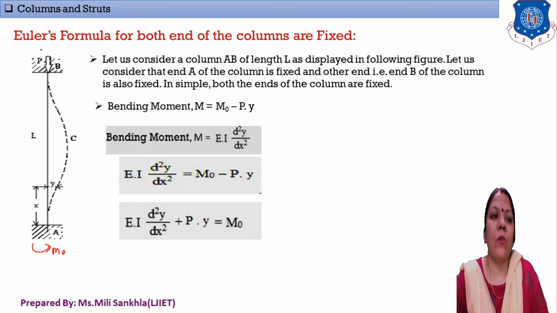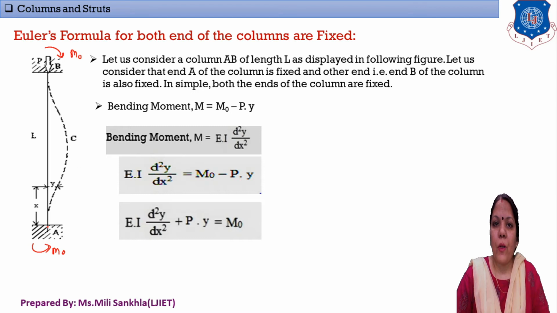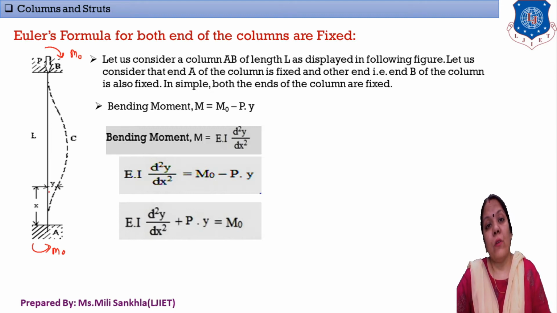Here it is also subjected to moment because both ends of the column are fixed ends, so fixed support is subjected to moment. From this point A, at distance x, deflection is y. Now we find the equation of moment for this column with both ends fixed.